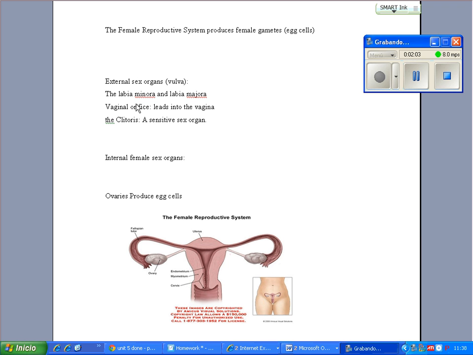The external sex organs in the female, altogether called the vulva, are the labia minora and labia majora, which are folds of skin that protect the rest of the vulva; the vaginal orifice, which leads into the vagina; and the clitoris, which is a sensitive sex organ.